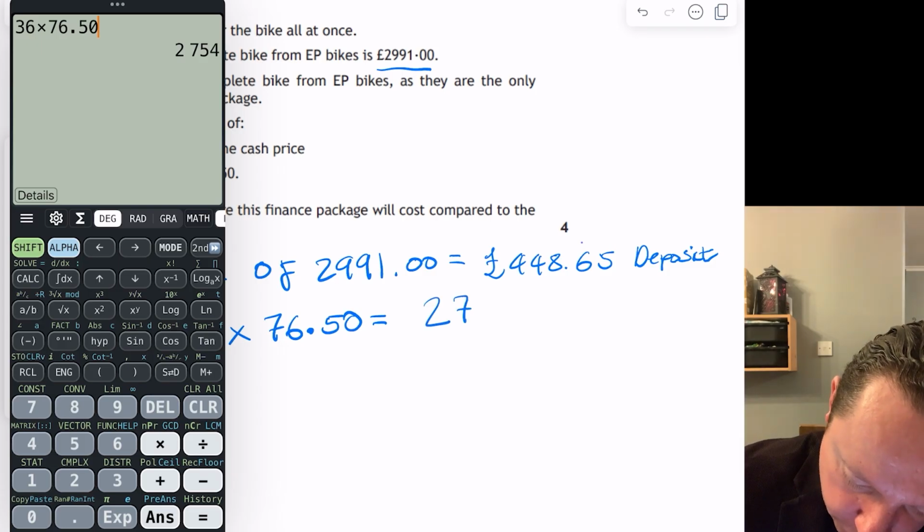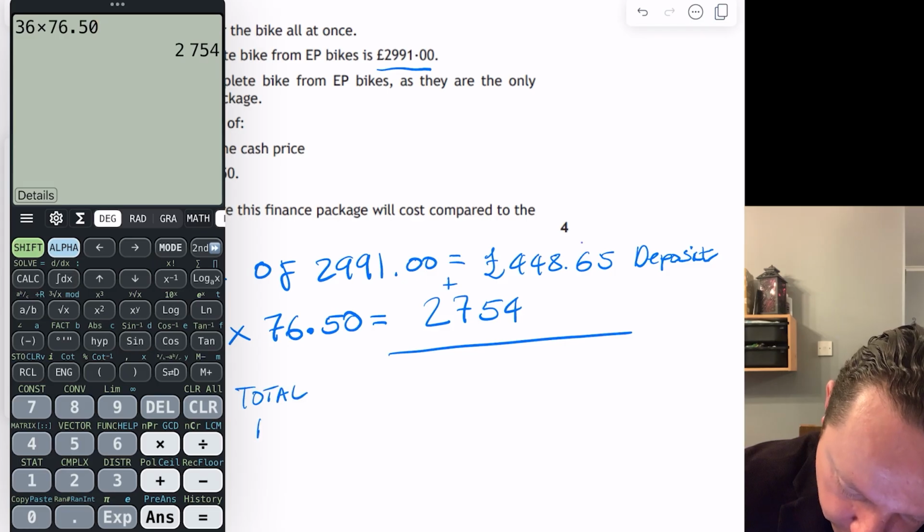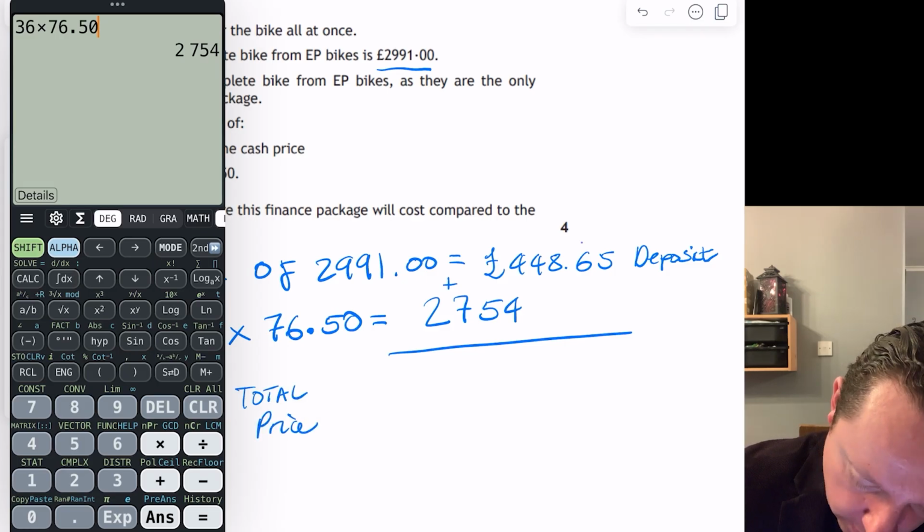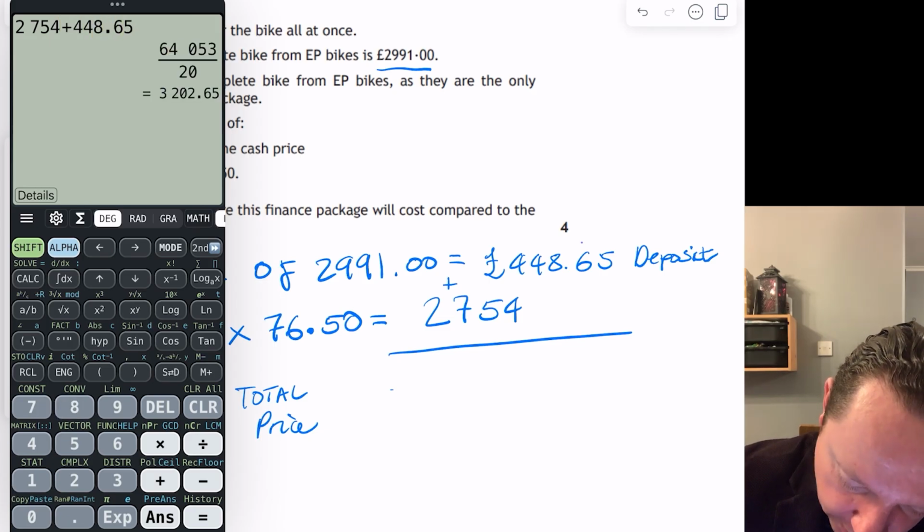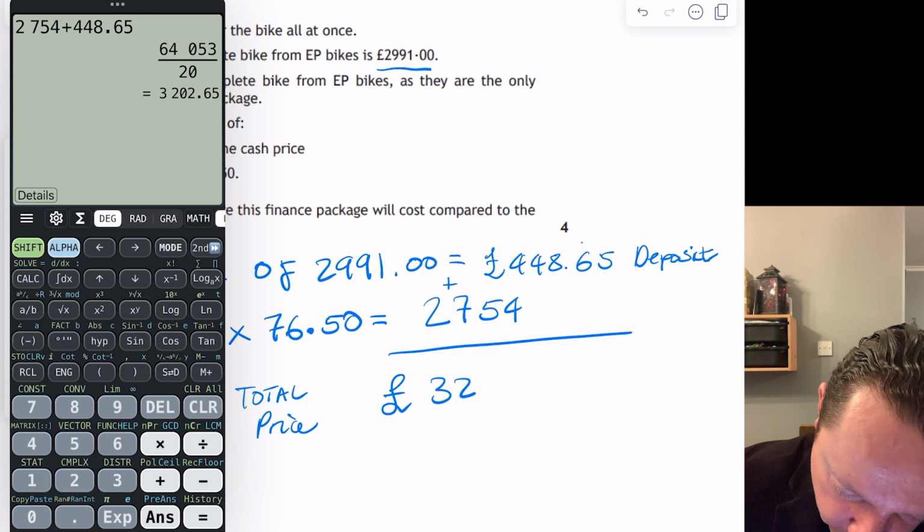2,754. So we need to add these together to get our total price. £2,754 plus 448.65 is 3,202.65.